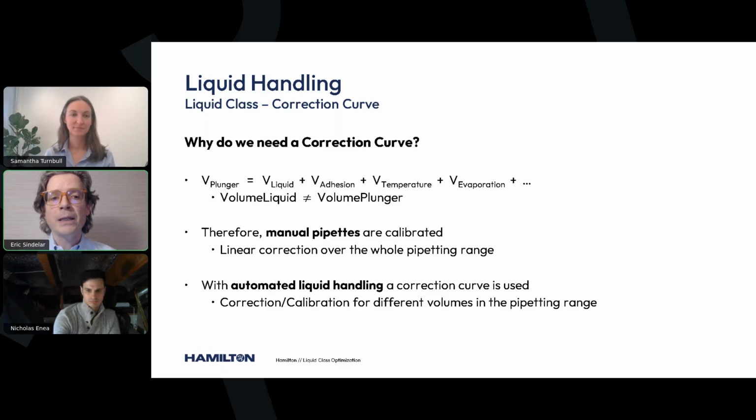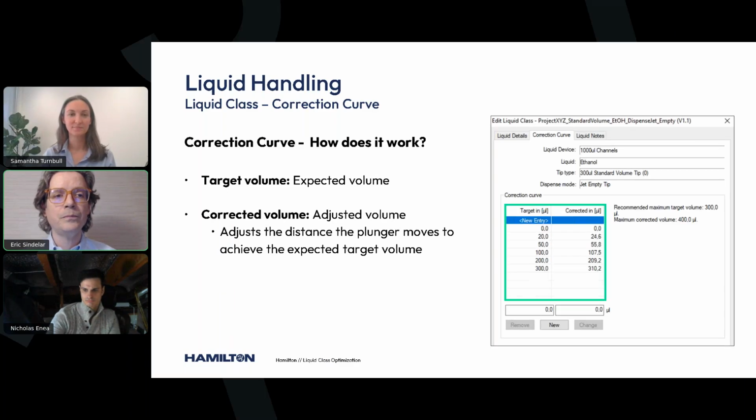So manual pipettes are calibrated, where you have a linear correction across a whole pipetting range. With automated liquid handling on our platforms, a correction curve is used where, for different volumes, you can have a corrected volume for each specified volume. So how does it work?